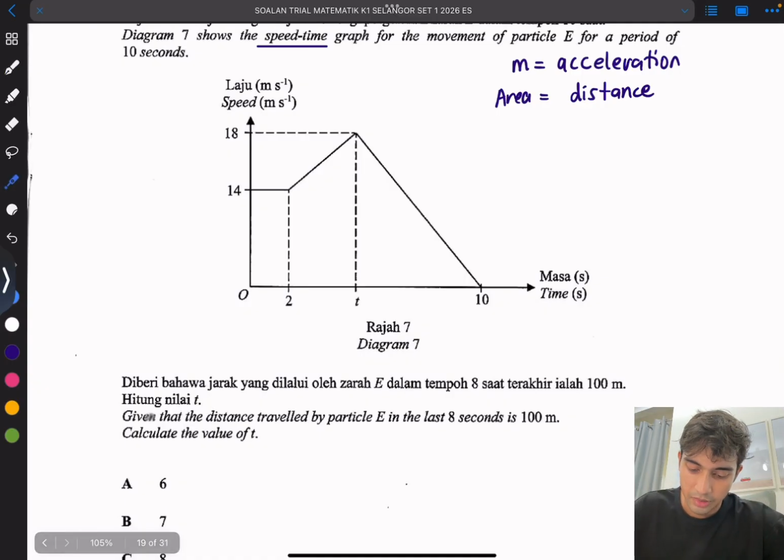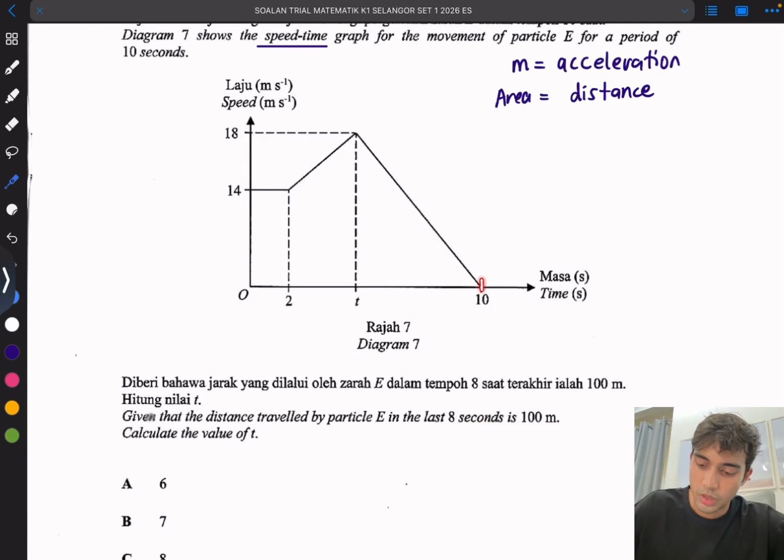So they said given that the distance traveled by particle E in the last 8 seconds is 100 meters. So total it traveled for 10 seconds. Last 8 means from 2 to 10. So the total distance traveled is 100 meters in the last 8 seconds. We know distance is represented by area under the graph.